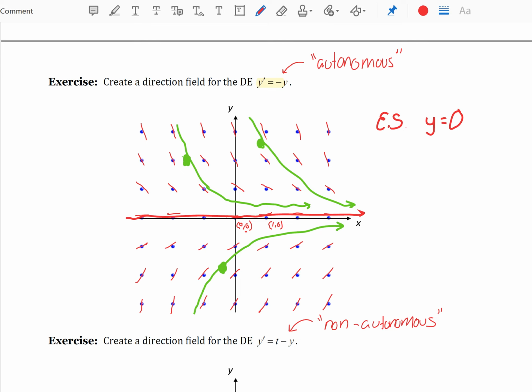And because of the other trajectories, the green solutions we drew, would this be a stable or unstable equilibrium solution? Here we want to be able to say it's a stable equilibrium solution, because solutions that are near it are always drawn towards it. They get closer.